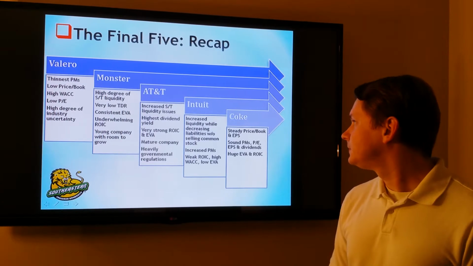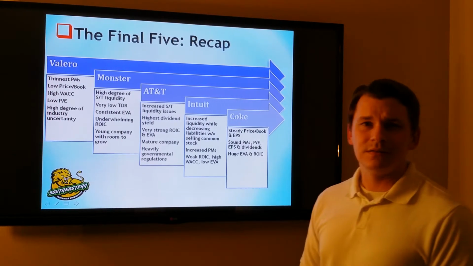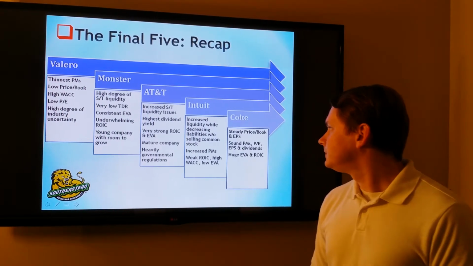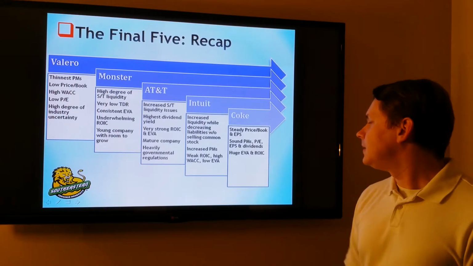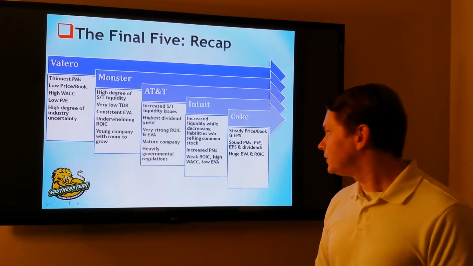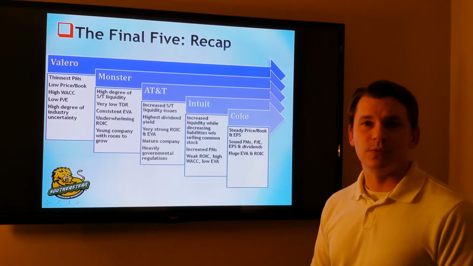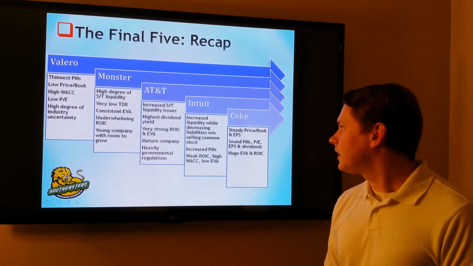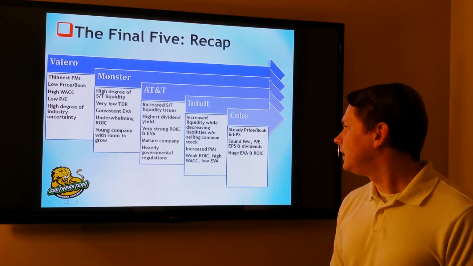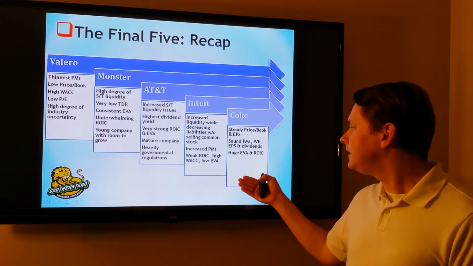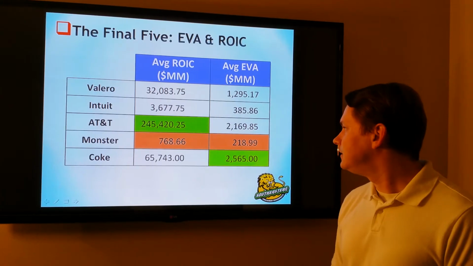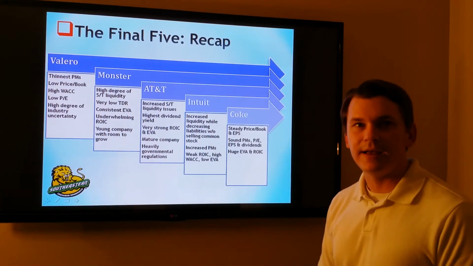Coke, probably the big boy of the group. Very steady price to book and EPS. The market knows what to expect with these guys. The fact that Coke is synonymous with cola in general is probably pretty telling of that. Very sound profit margins, PE, and earnings per share. Dividends have been fairly flat.